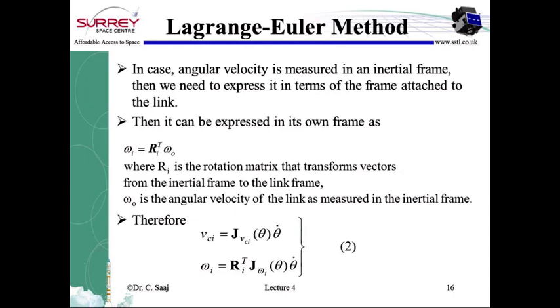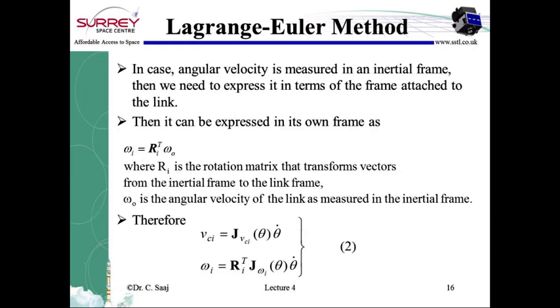In that case, we will have to consider the coordinate transformation, and therefore the angular velocity of the link, which is denoted by omega suffix i, will be written as R i transpose omega naught, where omega naught is the angular velocity with respect to the inertial frame. R suffix i is a coordinate transformation matrix, and omega i is the corresponding angular velocity of the ith link with respect to the frame attached to its joint coordinate system.